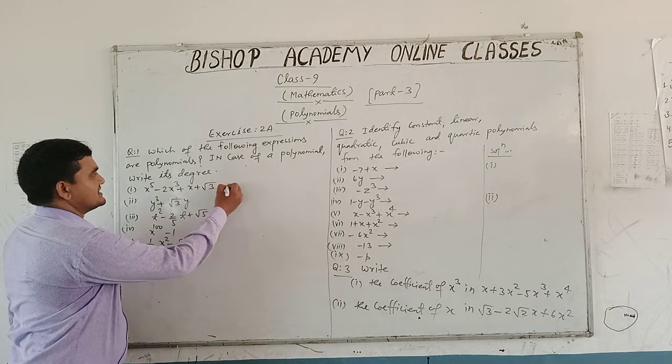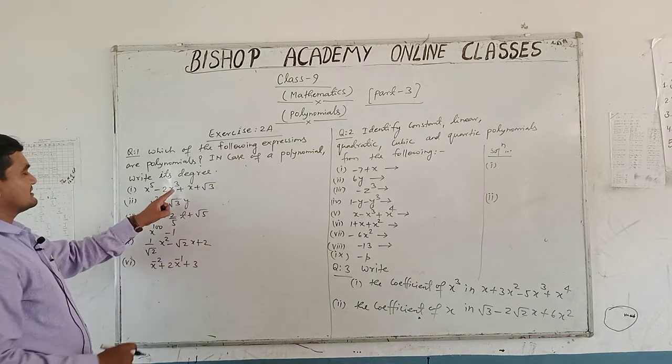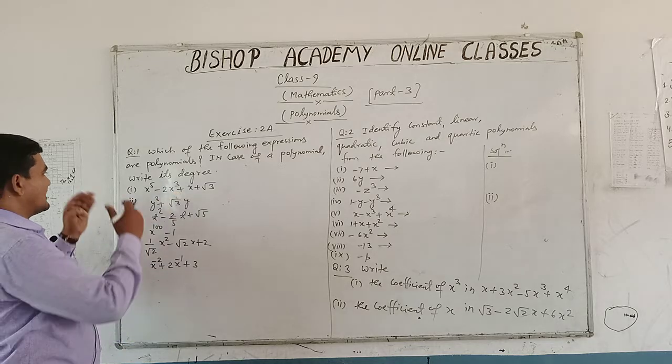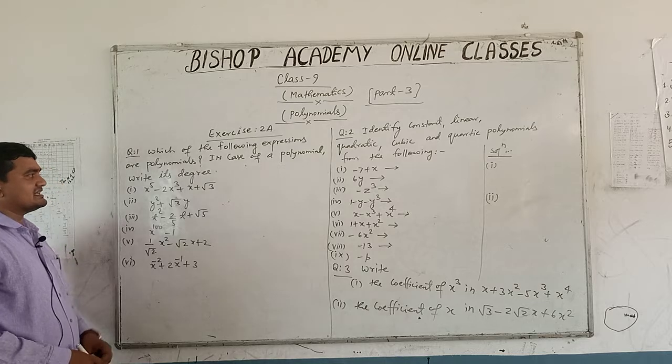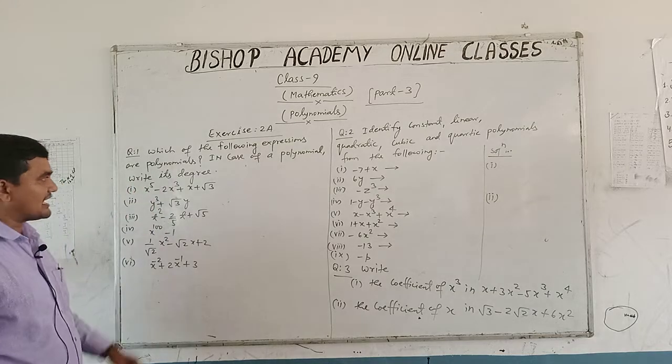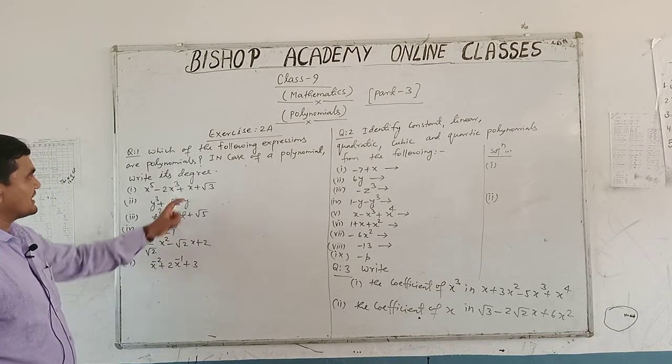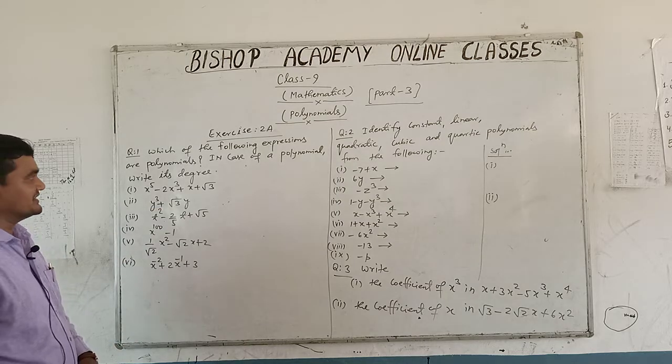Means this expression is a polynomial, and when we find that it is a polynomial, then we check its highest power, and the highest power of the polynomial is known as its degree.